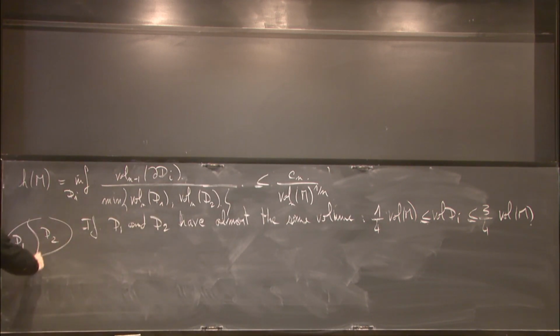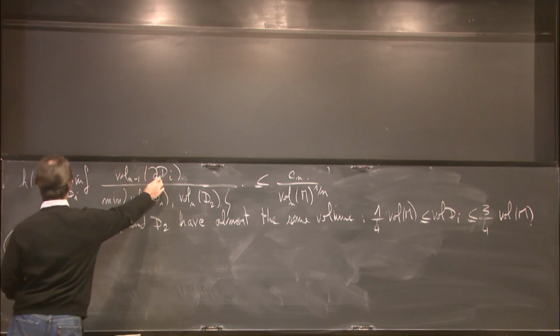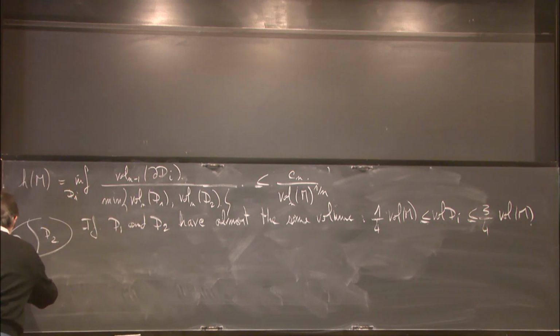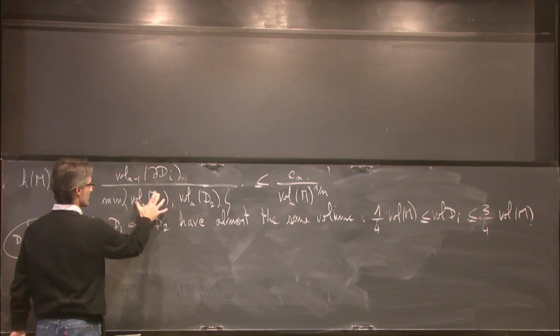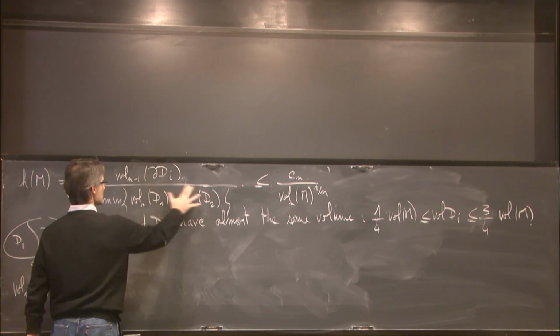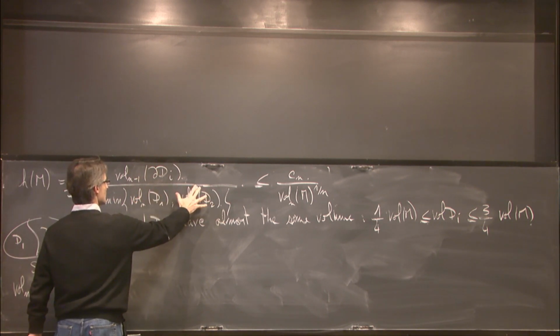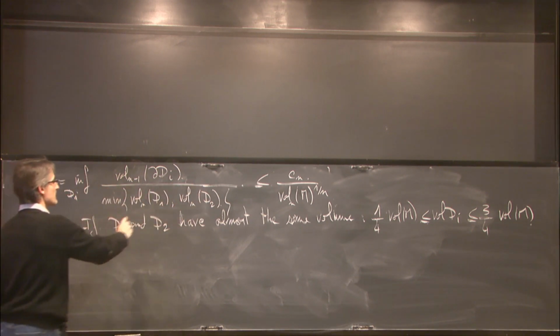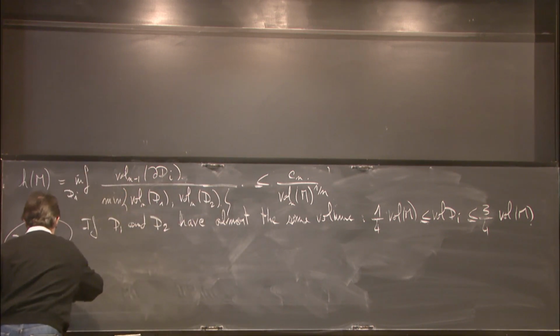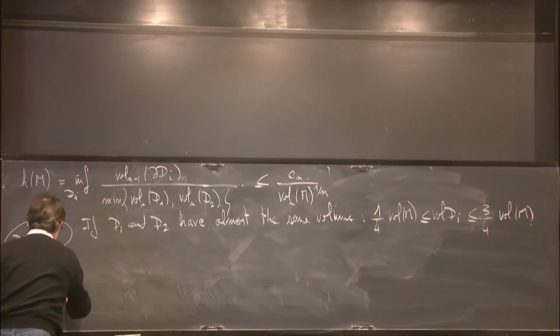So what we get here is this hypersurface S, and we know that the volume of these two quantities is roughly the volume of M. So what you get is precisely something like that.